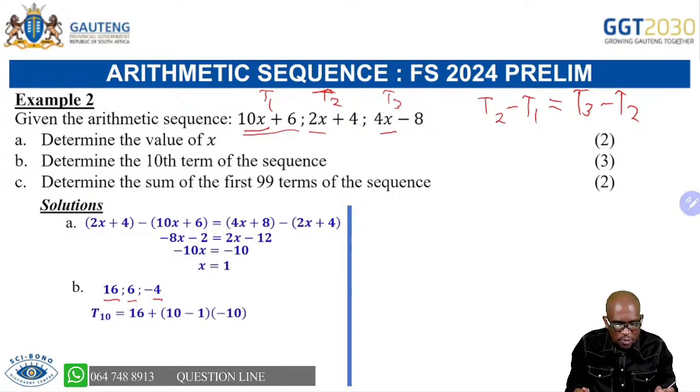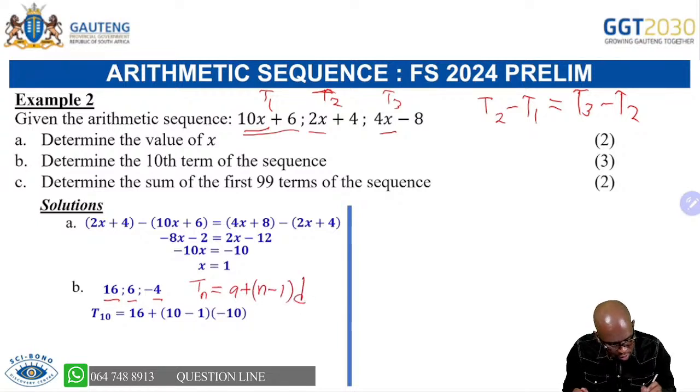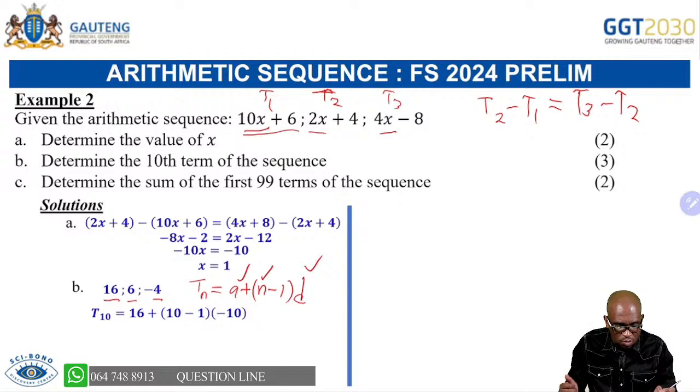Then we work out T10. Remember, we are using Tn is equal to a plus n minus 1 d. We already know what a is, we know what d is, and we know what n is because we are looking for T10. So we substitute, and we get that T10 is negative 74.